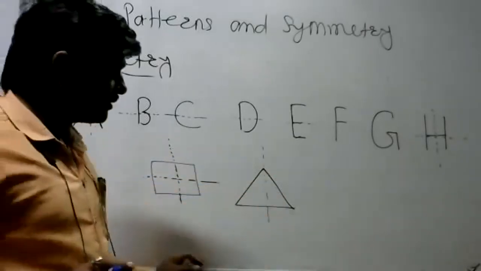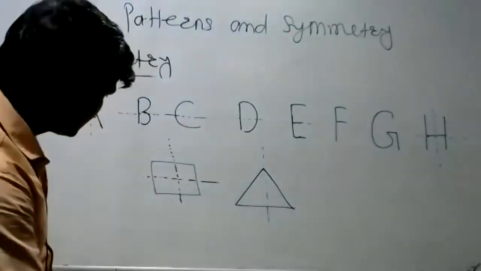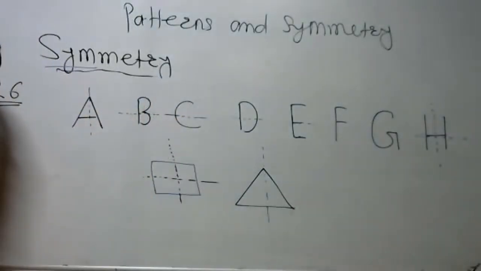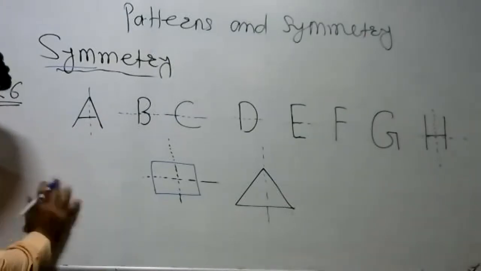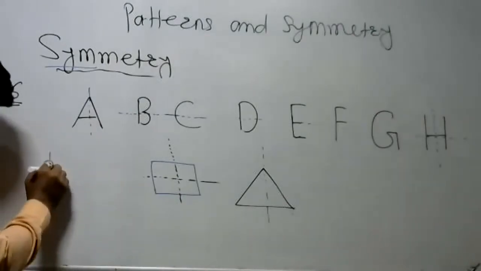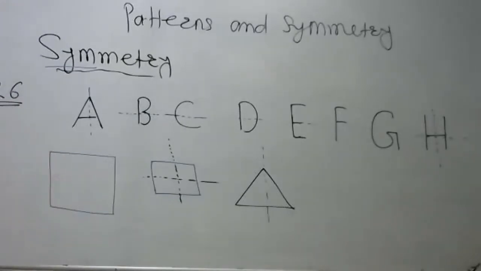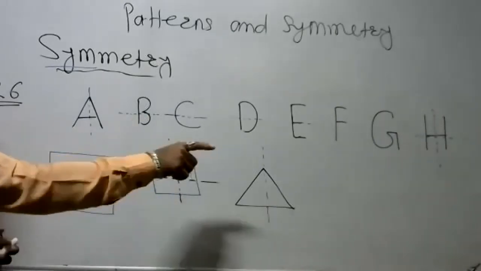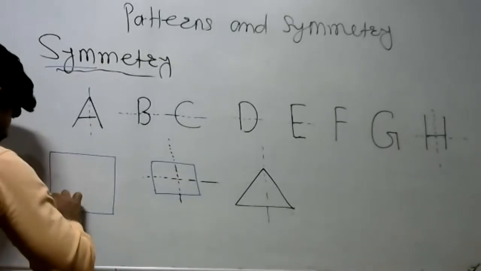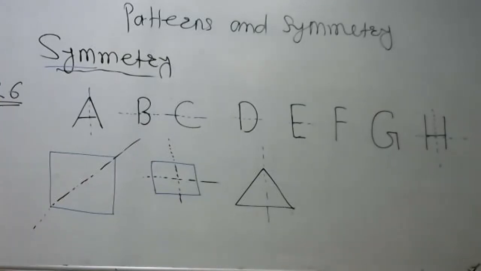Like this, you can draw shapes also. Okay. Also, some different types of shapes, like this square. We can draw a line of symmetry in different ways, like this. This is the vertical and horizontal. I can draw this is also like a diagonal.